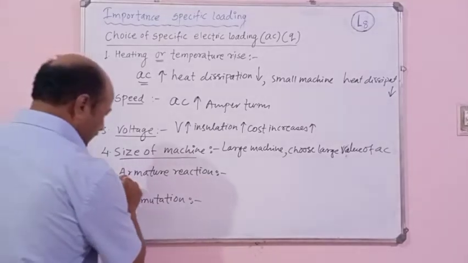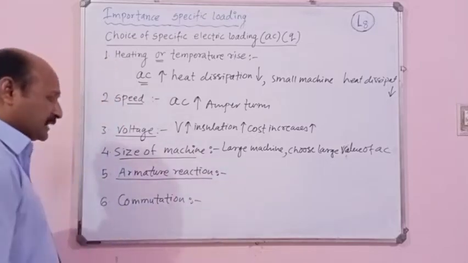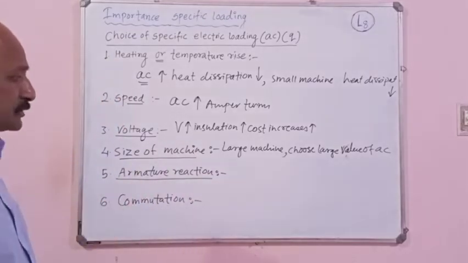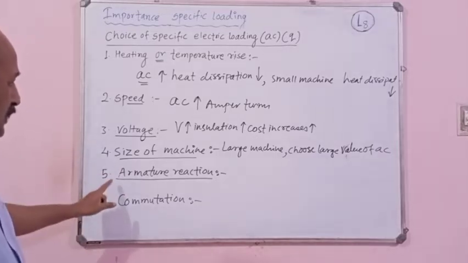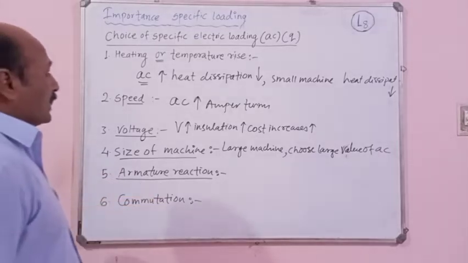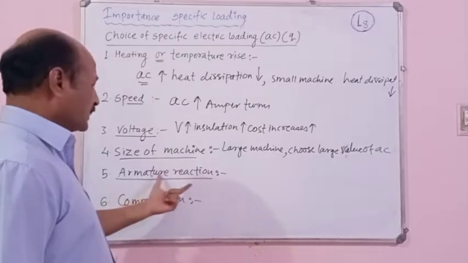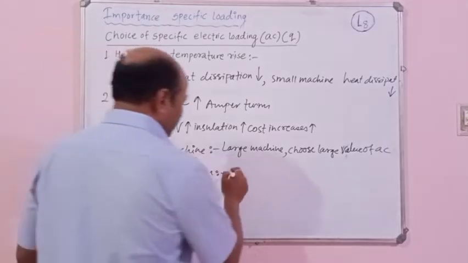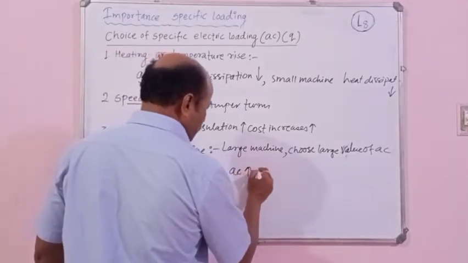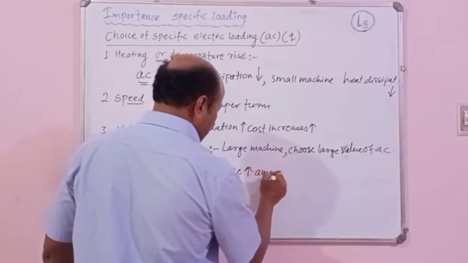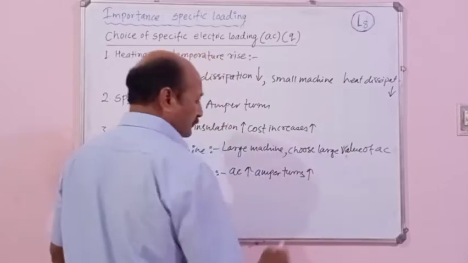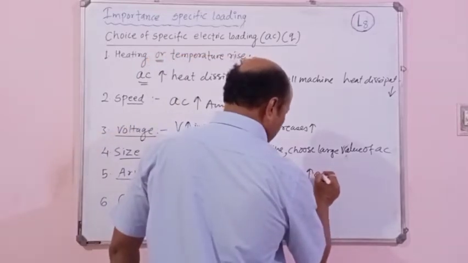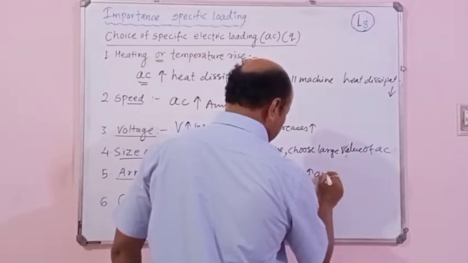Then armature reaction. You know the armature reaction, the effect of magnetic field produced by the conductor on the distribution of flux under the main poles. So how does the specific loading affect the armature reaction? More the value of AC, what happens? More will be the ampere turns. If more will be the ampere turns, then more will be the armature reaction.